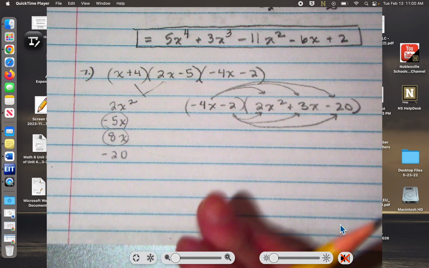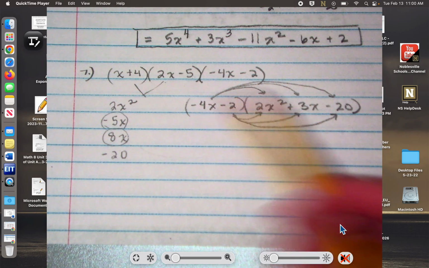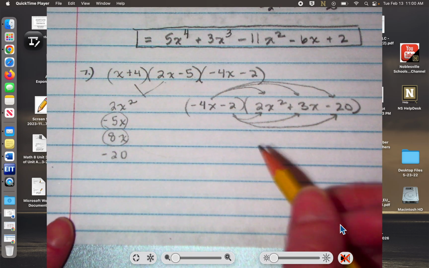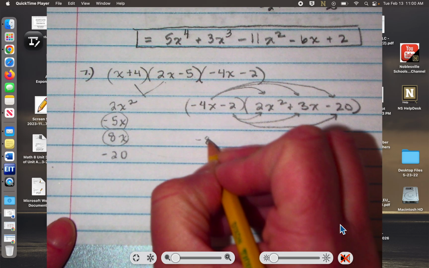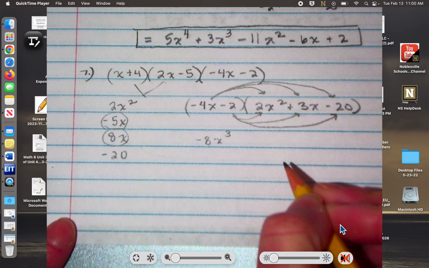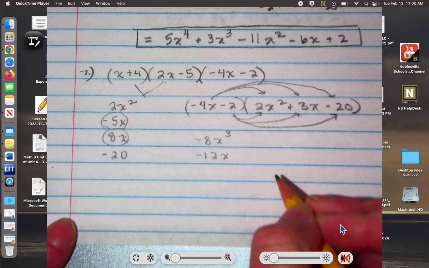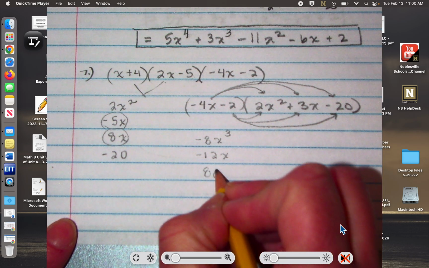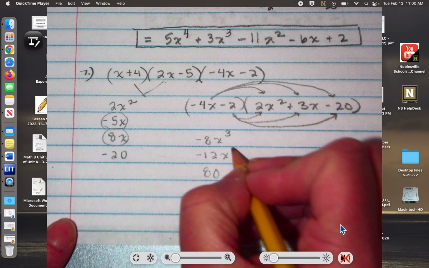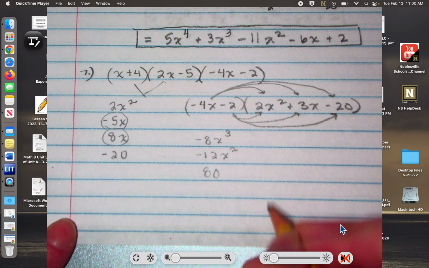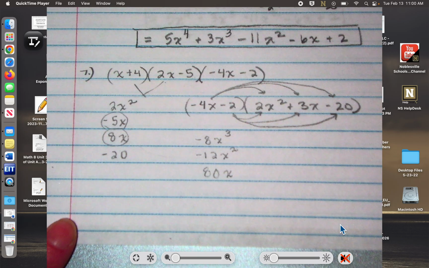Yep. And so now I'm going to use the arrows, and I'm going to multiply and get my answers, right? So I'm going to get negative 8x to the third, negative 12x squared, and positive 80x.